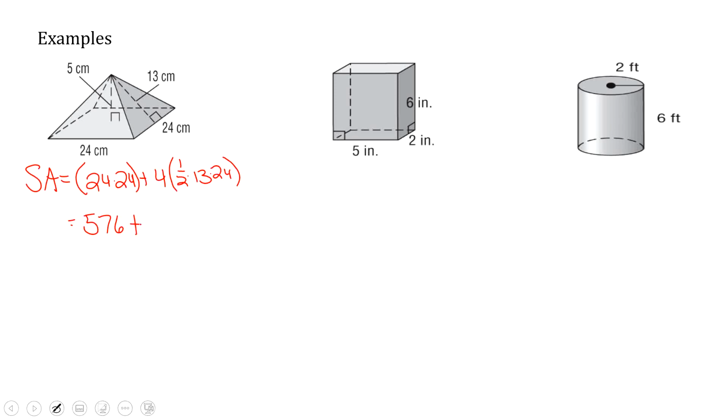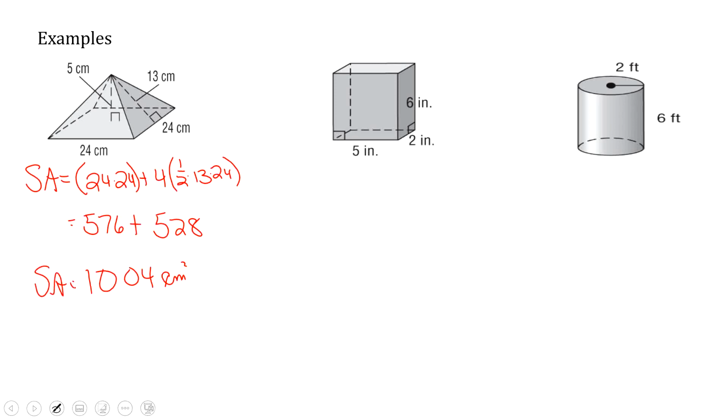So 2 times 132 is 264, and 2 times that is 528. So my surface area is adding those two together. So I end up with 1,104 centimeters squared. That's my surface area.